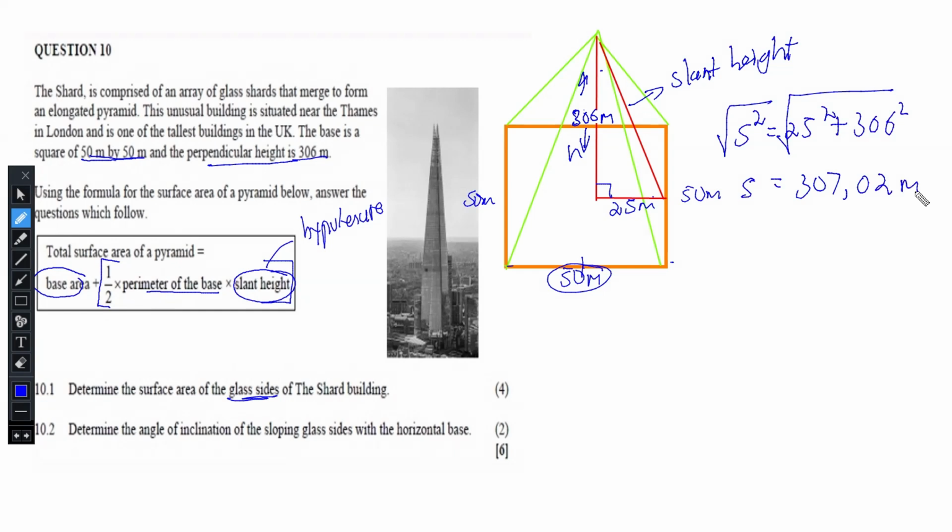Now that you have the slant height, you can calculate the surface area of the glass sides. Remember, we are not calculating the total surface area of the pyramid. We are only focused on the glass sides of the Shard building. So our formula starts here: 1 over 2 times the perimeter of the base multiplied by the slant height.